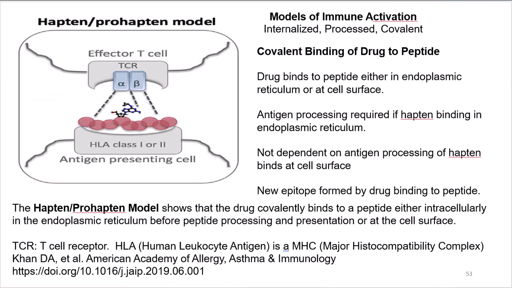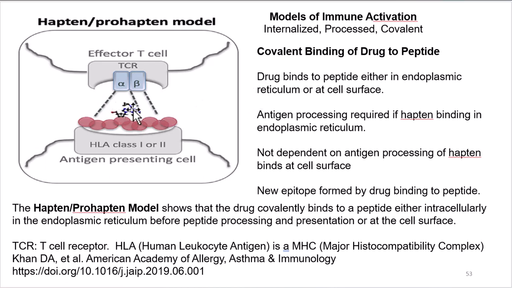So this leads to 3 models as to how the peptides get into the MHCs. So I just discussed the standard way, that it's going to get associated with the MHC in the endoplasmic reticulum and get presented. So in this case, this is the standard model. This is the best model normally. This is the one I think happens most.